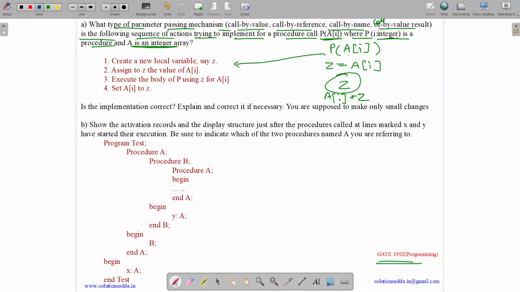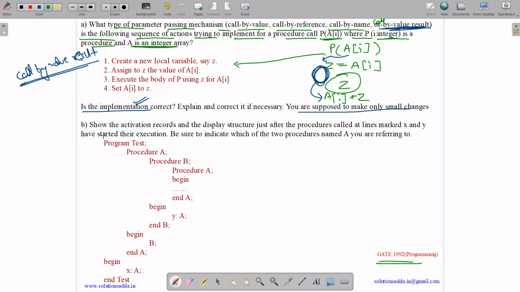It is creating a new variable, making changes in the new variable, and then updating the original variable. So it is equal to call by value result. What does call by value result do? It creates a variable, updates the variable, and then at the end it copies the value to our initial variable. So it is call by value result. The implementation is correct.